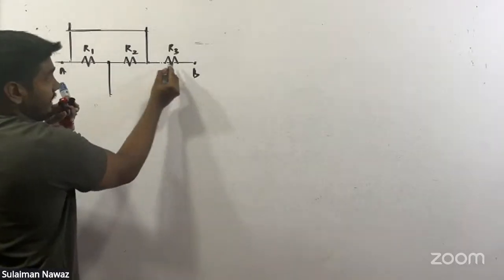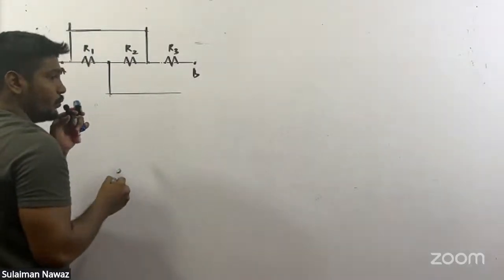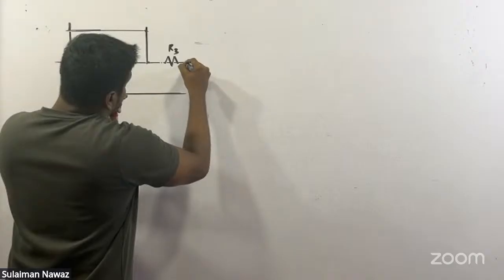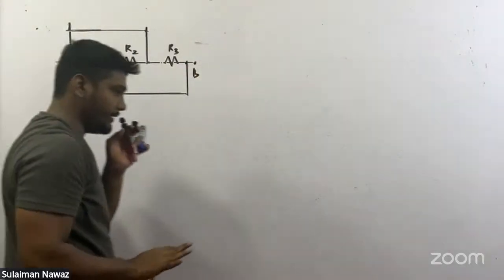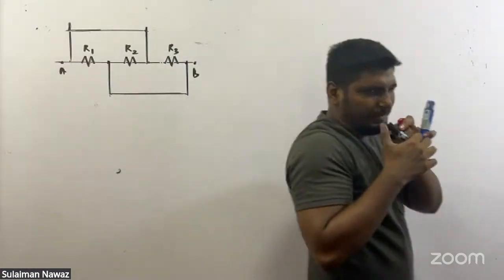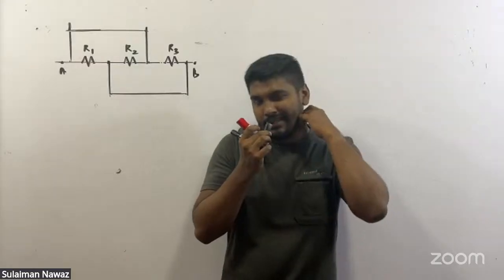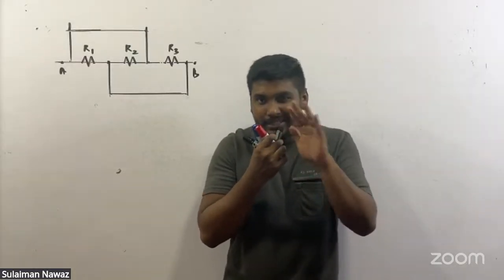It looks like these three are in series, but it's not true. So that is how they can trick you. Now normally, when you feel the circuit becomes complex, the best thing is by using different colors.